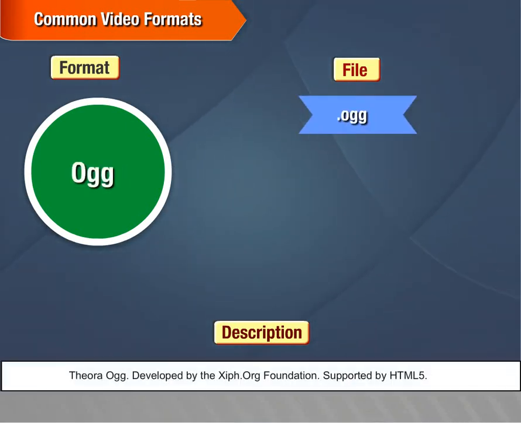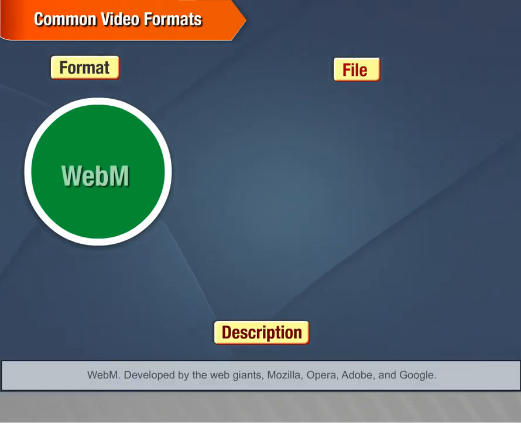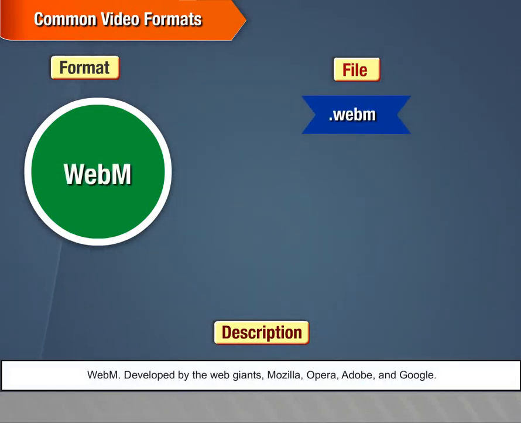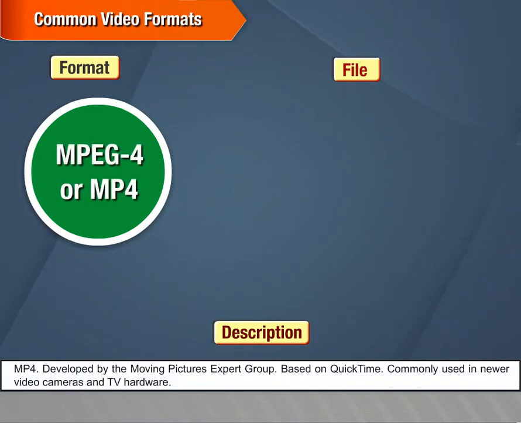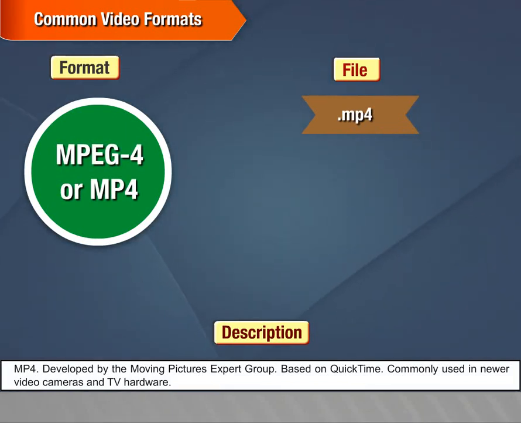Theora OGG, developed by the Xiph.org Foundation, supported by HTML5. WebM, .webm. WebM, developed by the web giants Mozilla, Opera, Adobe, and Google. MPEG-4 or MP4, .mp4. MP4, developed by the Moving Pictures Expert Group, based on QuickTime, commonly used in newer video cameras and TV hardware.